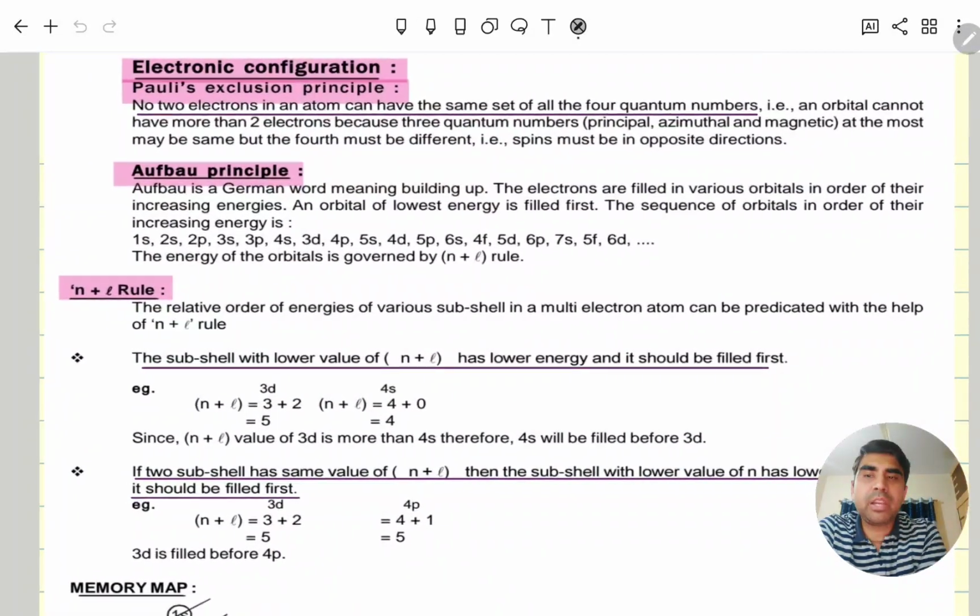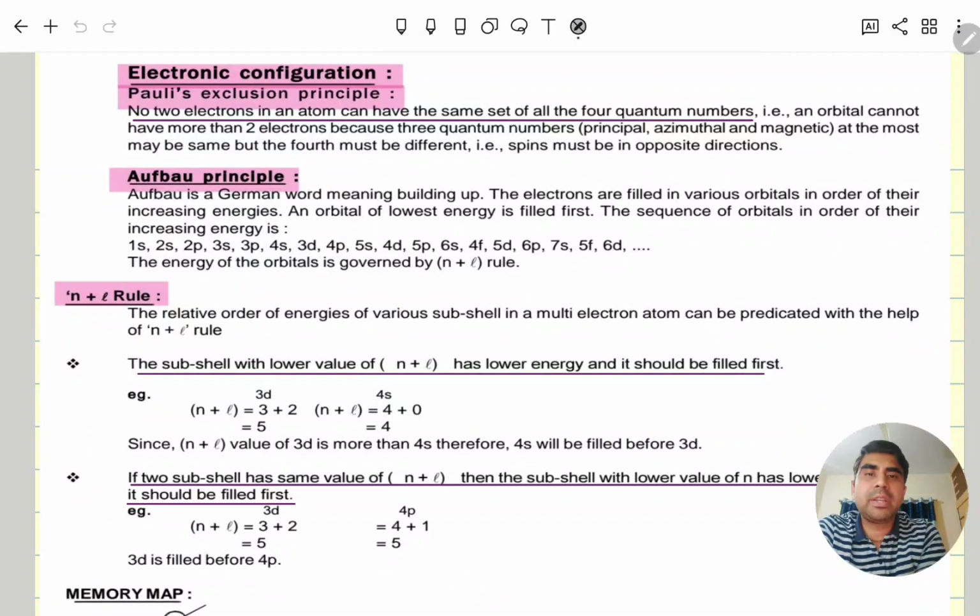If the value of n plus L is minimum, then that orbital is most stable. Suppose, for example, the 3D subshell: if n plus L is minimum for any subshell, its energy is minimum and stability is maximum. So here 3D is there and 4s is there.